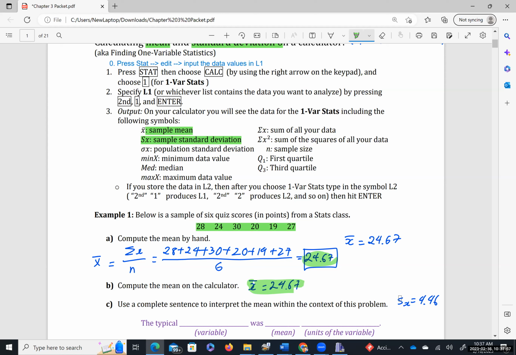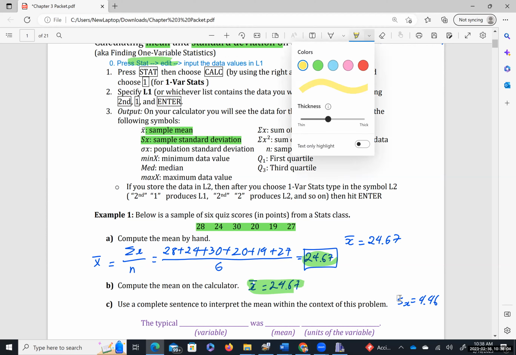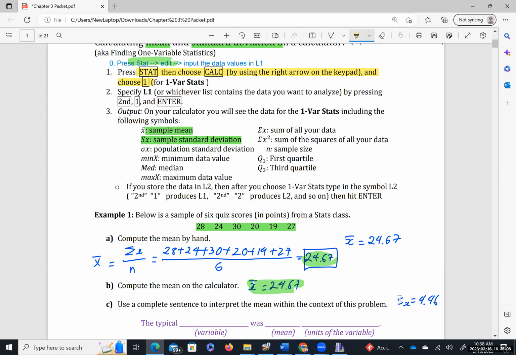For using calculators, make sure that you follow the highlights that I told you. You need to know the STAT button, the CALC button, the stats option.